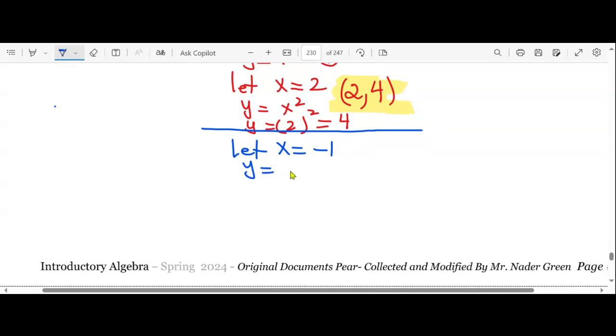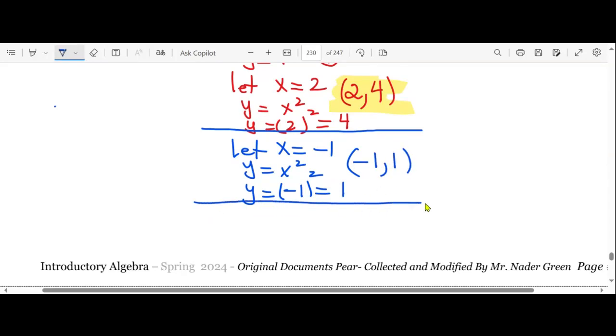If x is -1, we already have x squared, right? So that means -1 squared, right? And that gives you 1. So your fourth point is going to be -1 and 1.